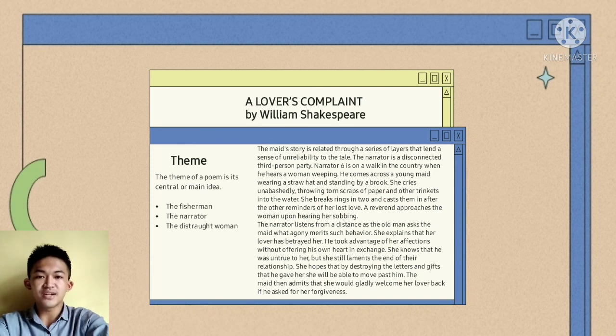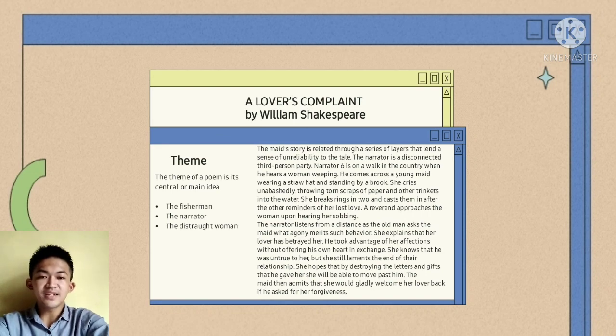She knows that he was untrue to her, but she still laments the end of their relationship. She hopes that by destroying the letters and gifts that he gave her, she will be able to move past him. The maid then admits that she would gladly welcome her lover back if he asked for her forgiveness.